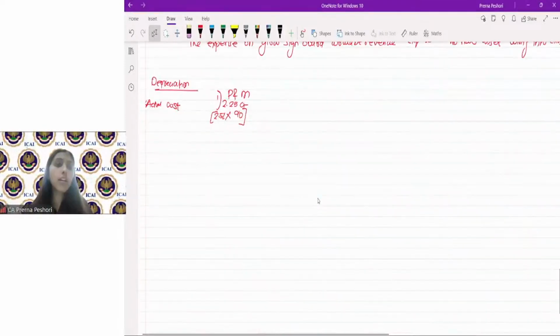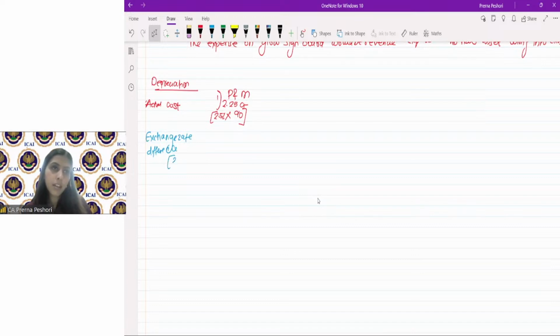Are we getting that? So the exchange rate difference, which is 2.5 lakh into 9, needs to be added at the time of payment, since there is increase in the liability at the time of payment.